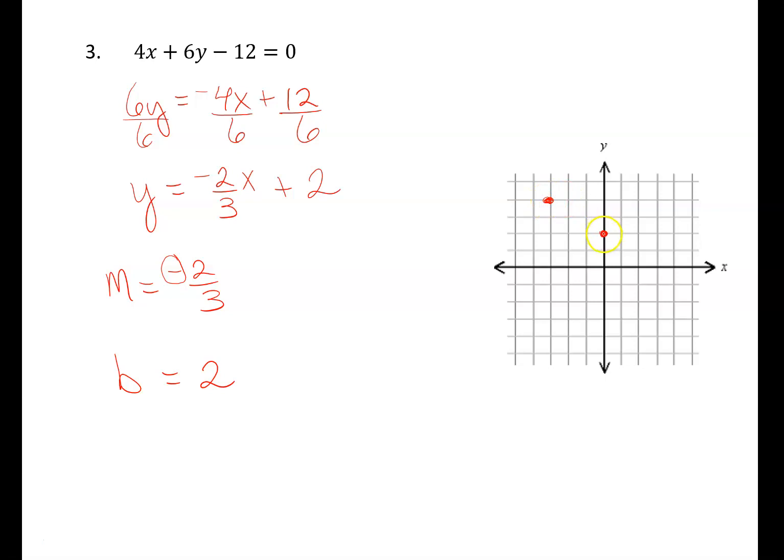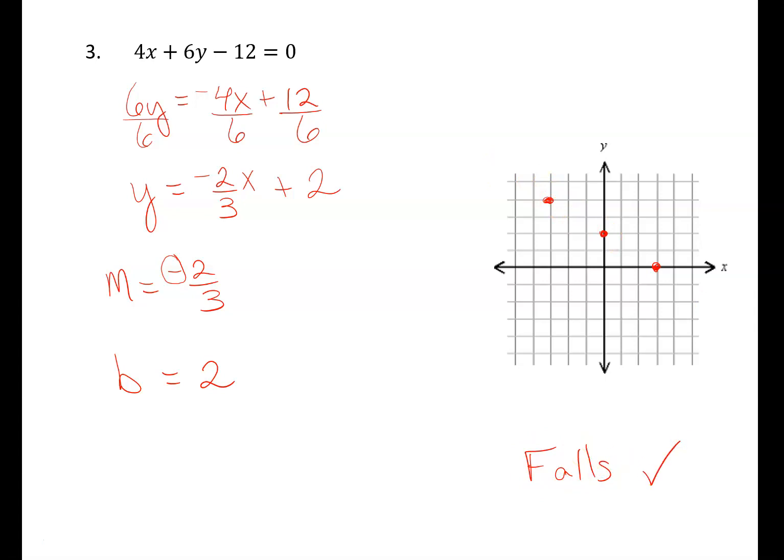Or I can go back to my y-intercept. I can go down 2. Then I'd have to go to the right 3. And then I'm going to think about, okay, the negative slope should cause the line to fall. And I'm going to think before I even draw it, does my line fall? Yes. Okay. So always check that.